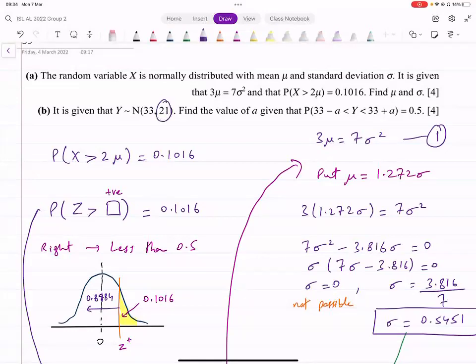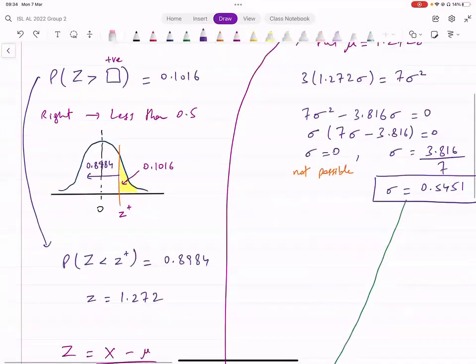What does this 21 represent? 33 तो मीन है आपका. ये होती है वेरिएंस, स्टैंडर्ड डेविएशन का स्क्वायर. जब इस फॉर्म में लिखा होएगा, दूसरा नंबर आपकी वेरिएंस रिप्रेजेंट कर रहा होगा. स्टैंडर्ड डेविएशन विल बी स्क्वायर रूट ऑफ दैट.